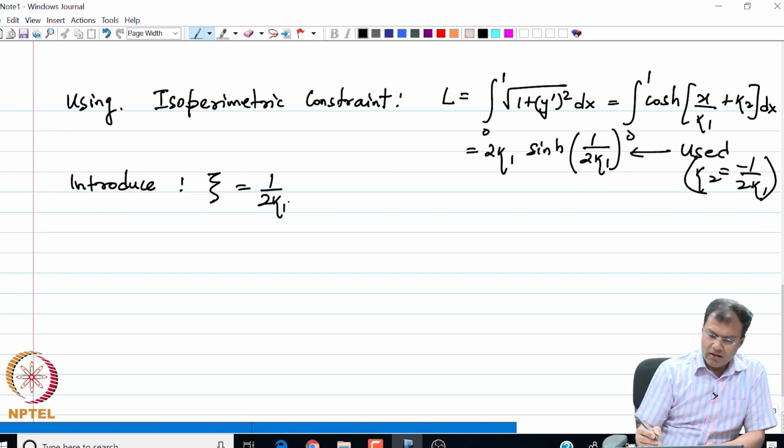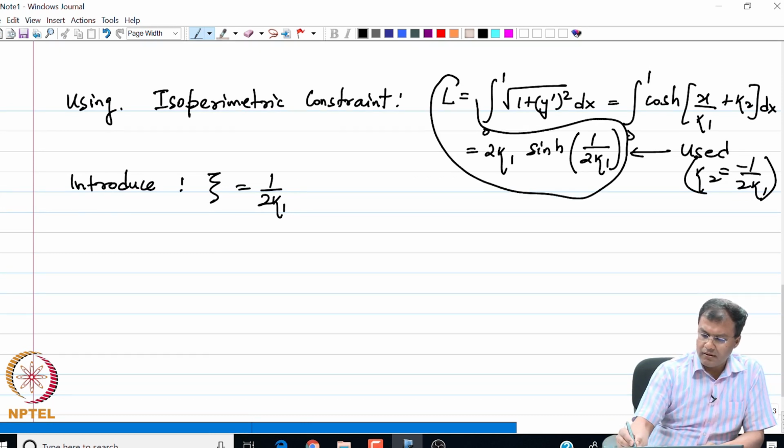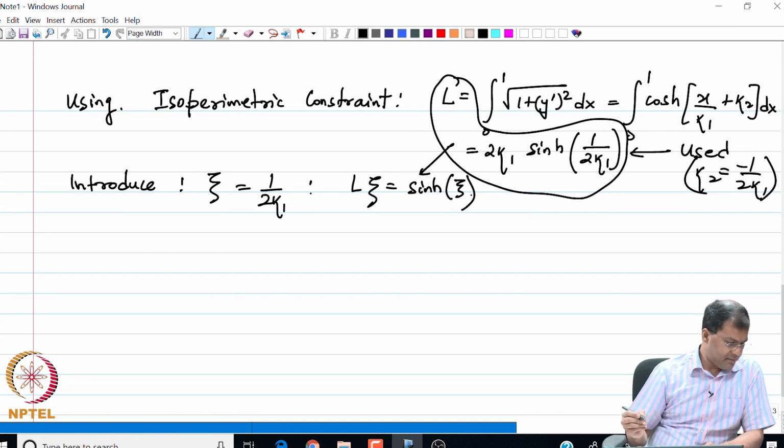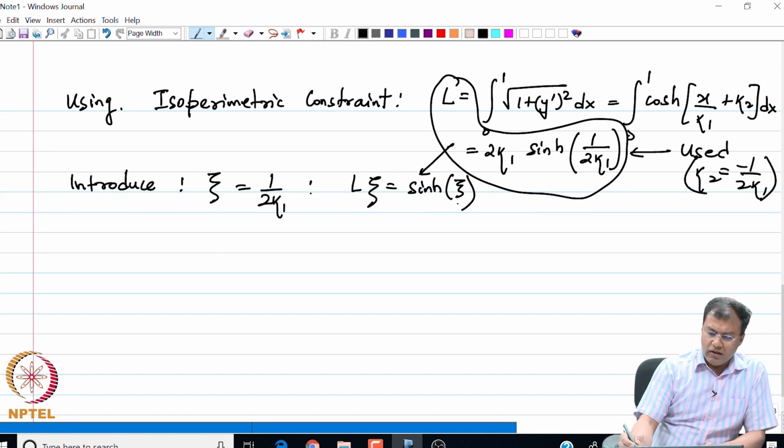From this isoperimetric constraint, I have this new equation: L xi is equal to sinh of xi. So, now we need to solve this equation for xi.